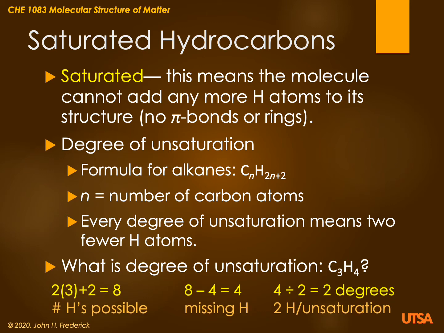So in this case, there are 8 hydrogens possible. That means we're missing 4 hydrogens from the saturated molecule, and since 2 hydrogens represent each degree of unsaturation, we take that 4 and divide it by 2, so we have 2 degrees of unsaturation based on the molecular formula C3H4.